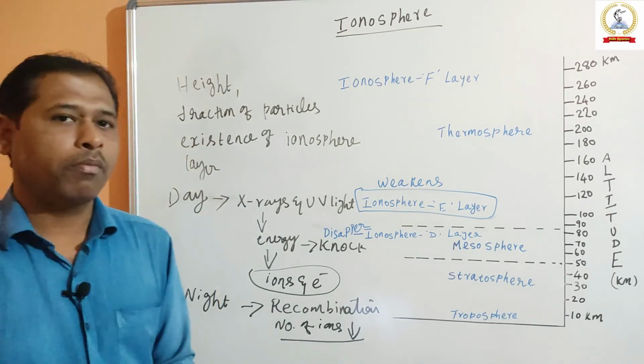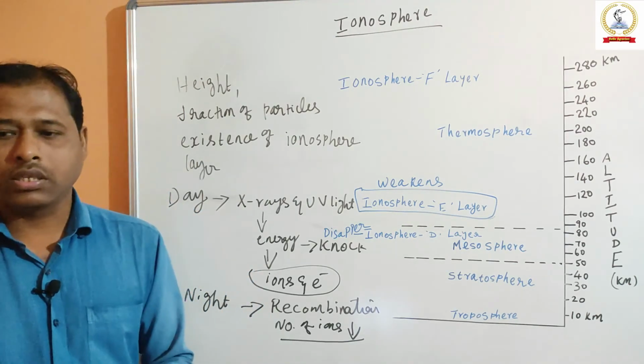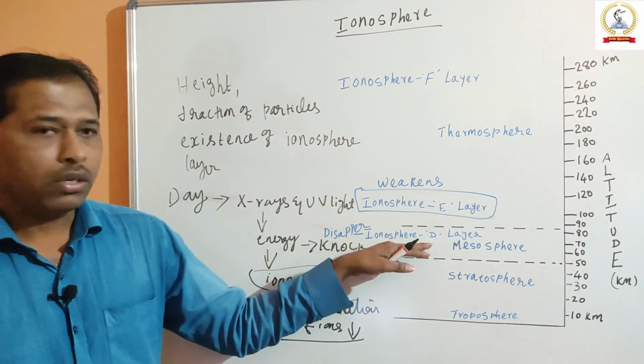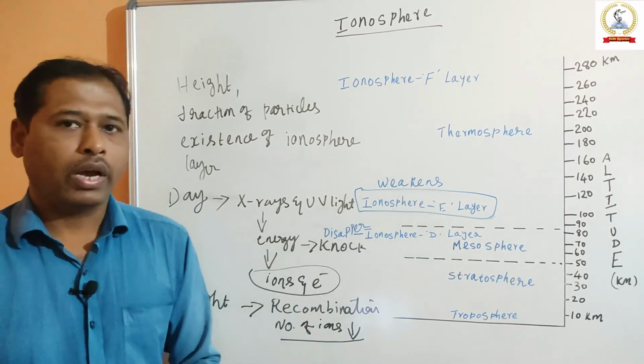In the next day morning, the solar X-rays and ultraviolet light return, and the D and E regions are repopulated with ions.